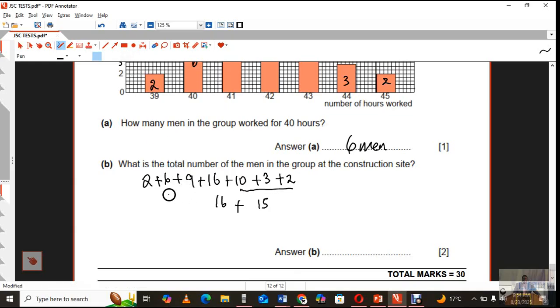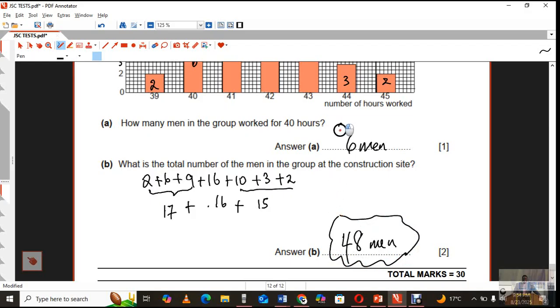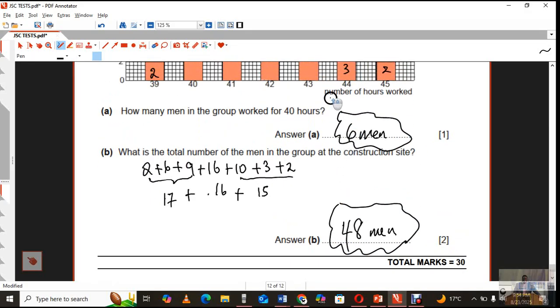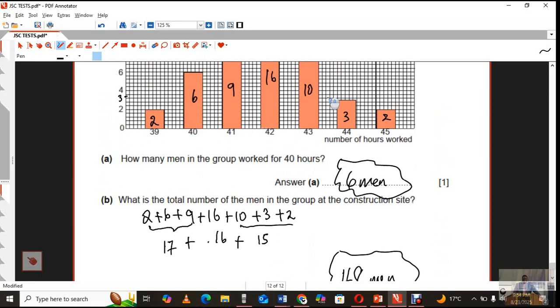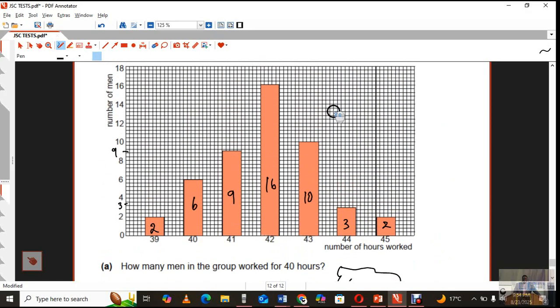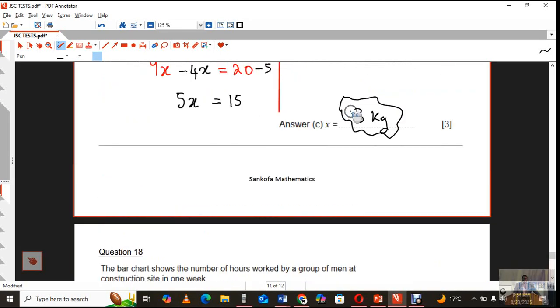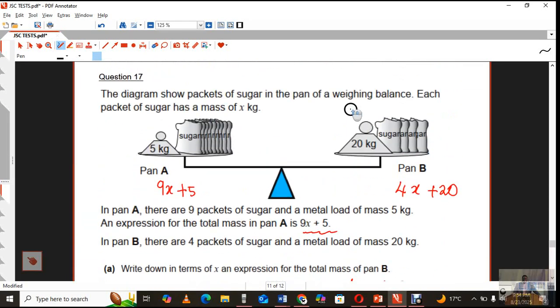That's 15. That's 17, if I'm not mistaken. That's 13. 13 plus 5. Okay, so this is 48 men total. Right. Of course, you have seen that most of the questions you can actually solve without the aid of a calculator. And I would suggest that you try that because it just helps you with your understanding, especially of mental maths and stuff like that.